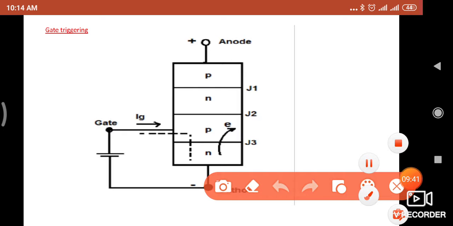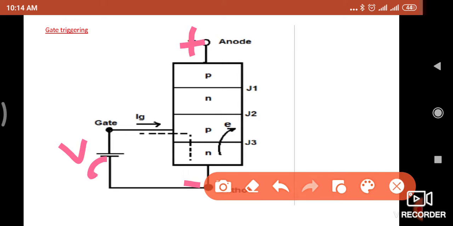The anode is connected to positive and the cathode to negative, and a small voltage Vg is applied across the gate terminal, that means at the P layer. Because of applying this small voltage, a gate current flows through the P layer.